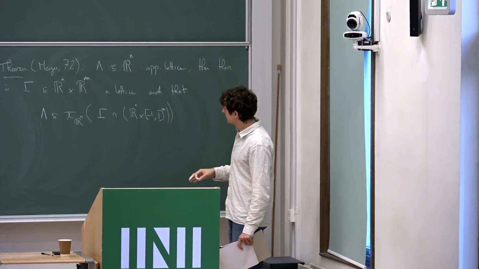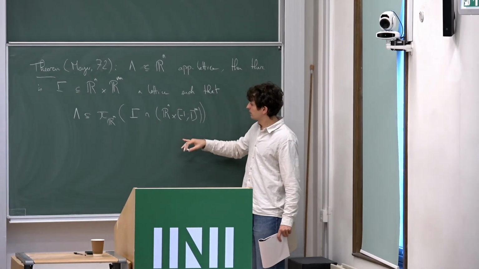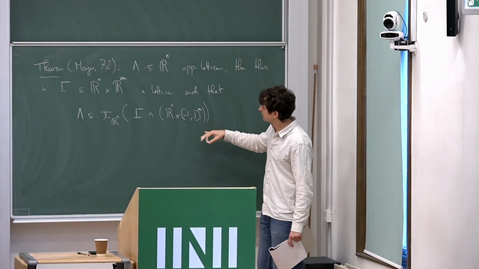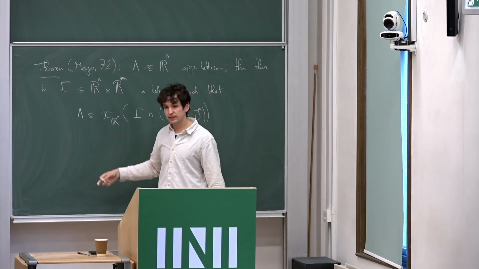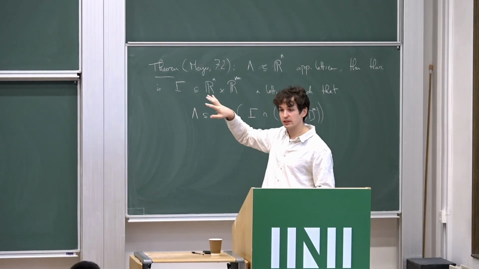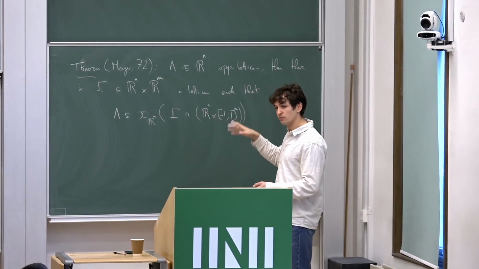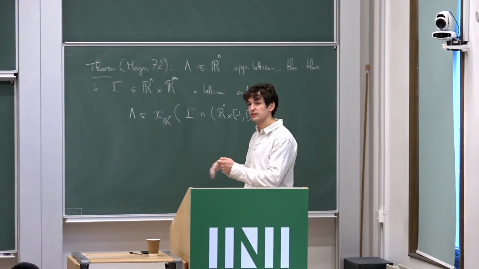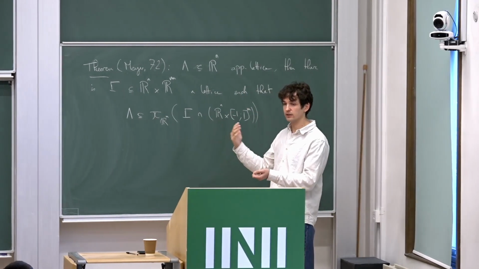What Meyer says is that these approximate lattices, which are very periodic objects, as the Penrose tiling example shows, come from something that is extremely periodic and is actually a lattice in higher dimension.